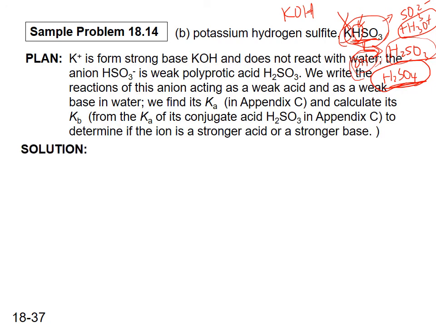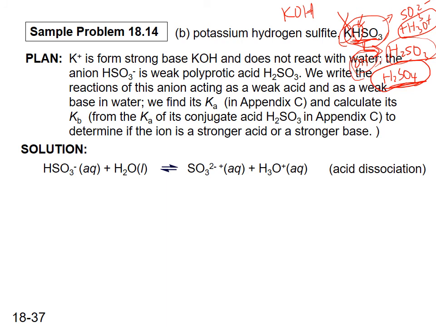So here are the two reactions, the detailed reactions. Hydrogen sulfite, in water, dissociates and gives you the sulfite anion plus hydronium ion, because this hydrogen goes to water. So that's an acid dissociation reaction.